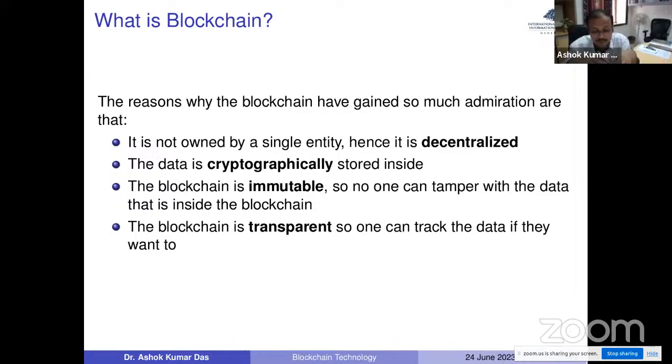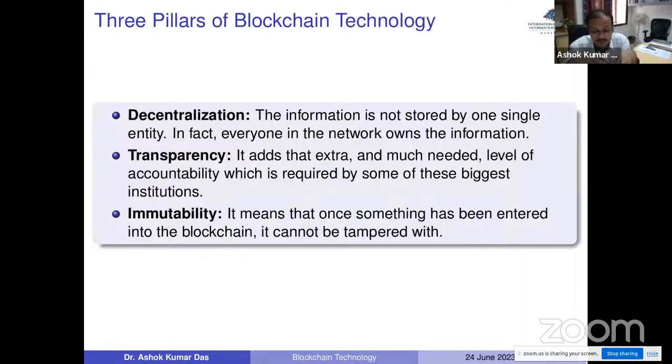As a result, we have three important pillars of blockchain technologies. The first pillar is decentralization. Decentralization means that the information is not stored by a single entity, single node or single server in the network.